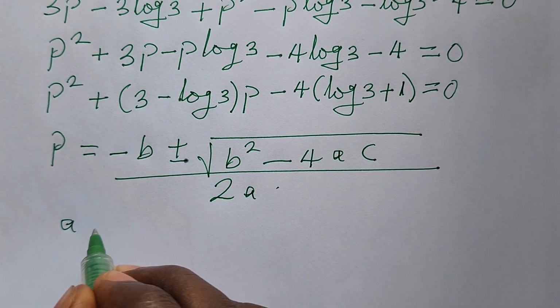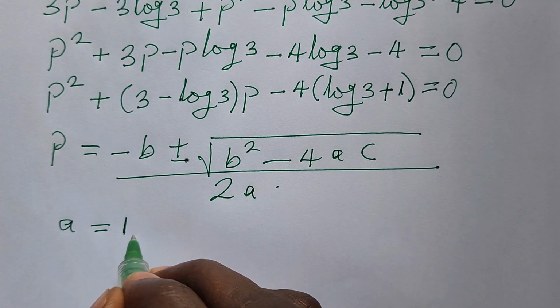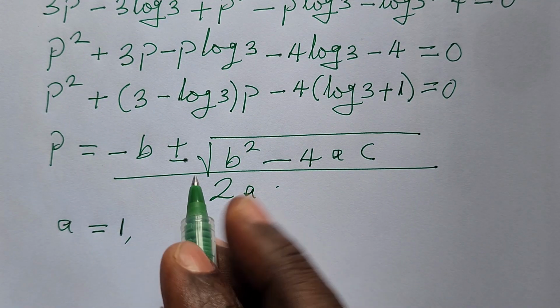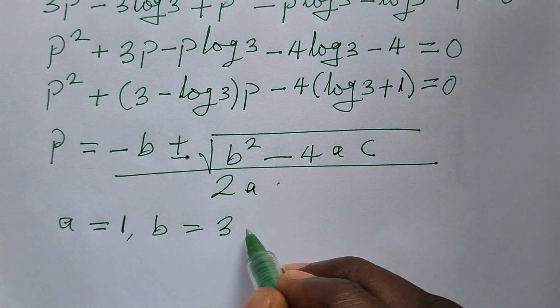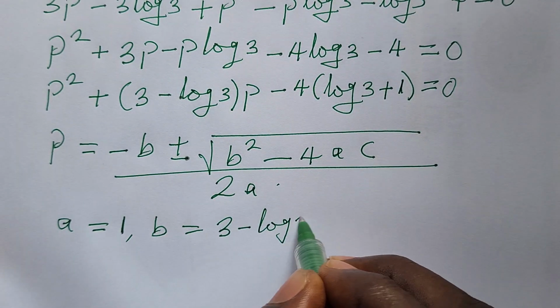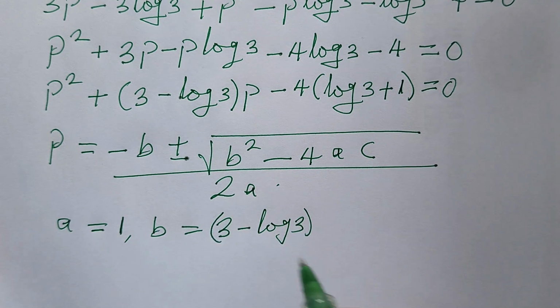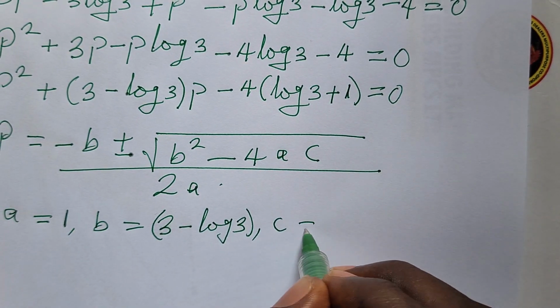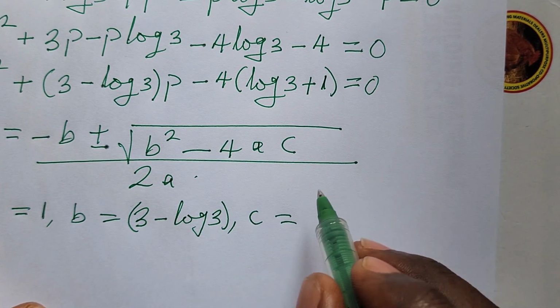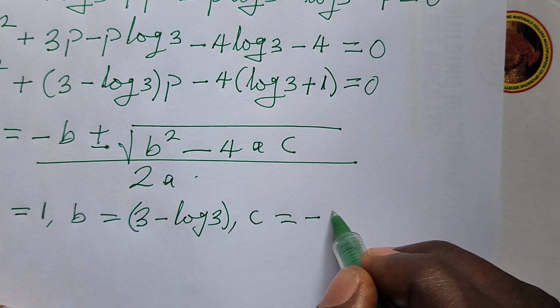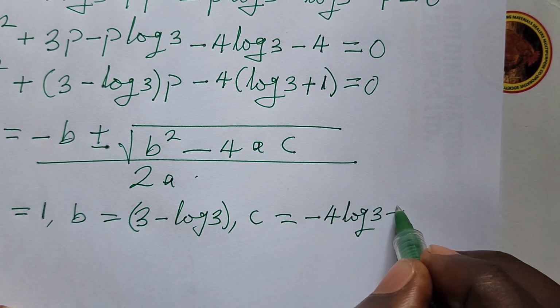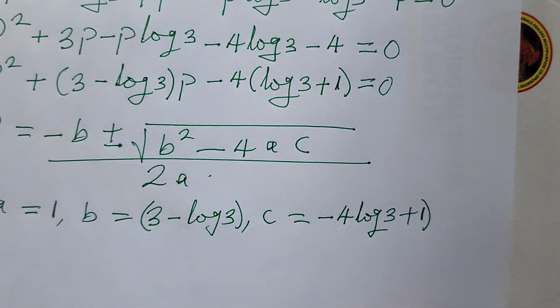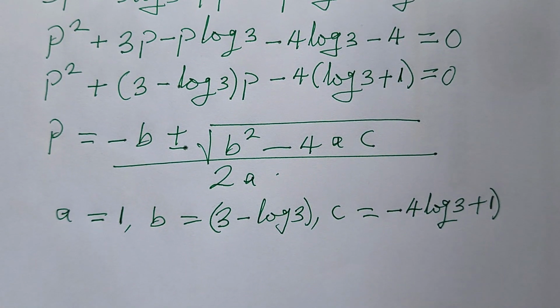So our a is equal to positive 1, which is the coefficient of p squared, and our b is the coefficient of p, which is our 3 minus log 3. Let's put it in bracket. And our c is the constant term here, which will have to be minus 4 into our log 3 plus 1.